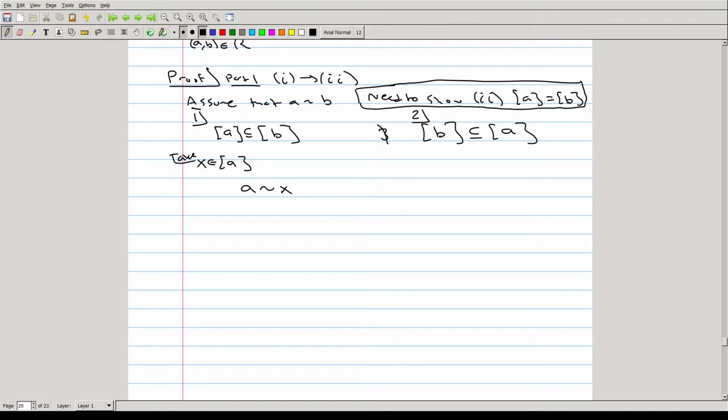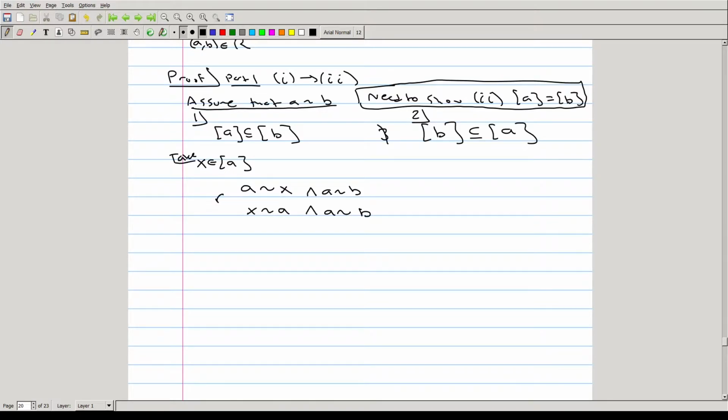And our assumption is that A is related to B. We have that A is related to x, and by symmetry of the equivalence relation, we then have that x is related to A, and we also have that A is related to B from our assumption.